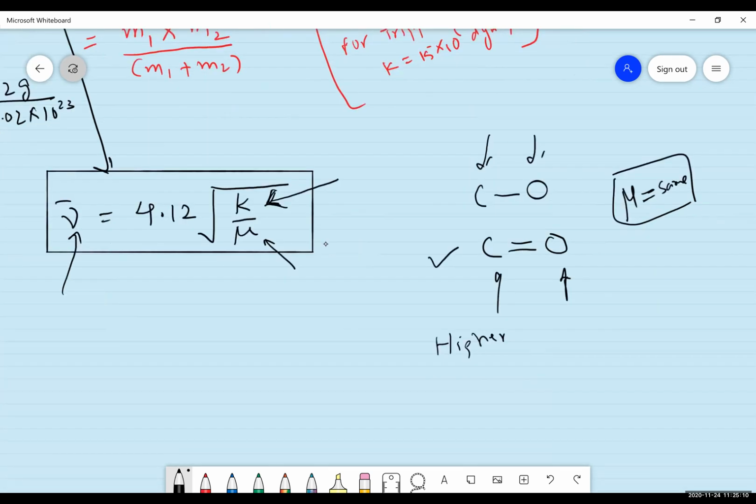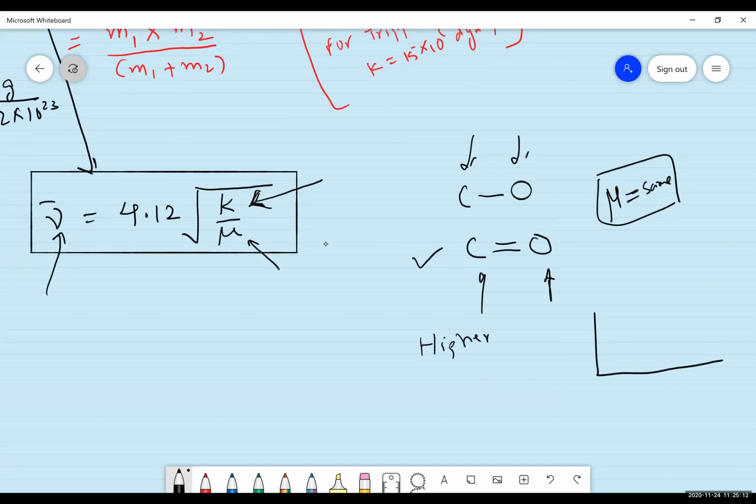So if I have a plot showing peaks, and this plot is from 4,000 to 400, and my plot has only 2 peaks, one at, let's say, 1800 and the other at maybe 800, and I know that this has C and O, then which peak belongs to the C double bond O and which peak belongs to the C single bond O?